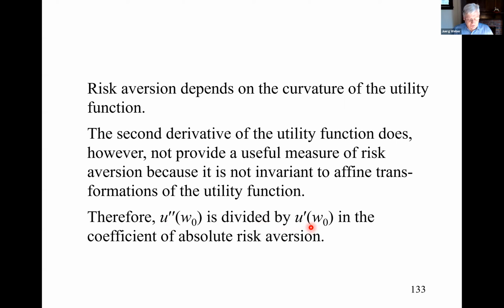So you can transform your utility function, and you will get the same rho. That's a topic, as I said, in microeconomics classes. Utility functions can be transformed, and you will still get the same behavior, if those transformations are affine.